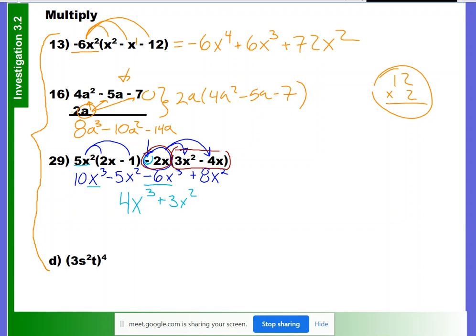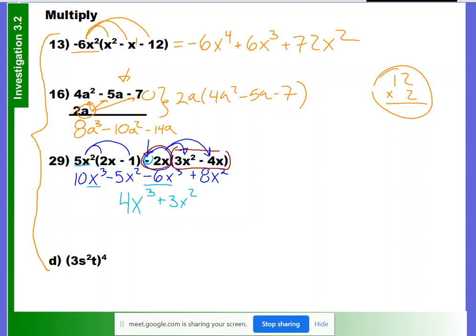So as soon as you do this distribution, you have taken care of the need of the parentheses, and then the parentheses have no more purpose. So that's when they get dropped.